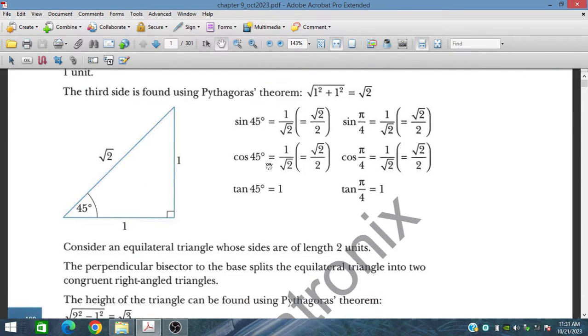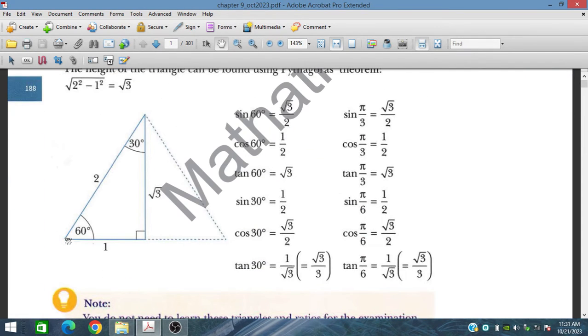Now let's go to the 60 degrees. We have this isosceles triangle, where each side length is 2. If we take half of the base, it becomes 2 over 2, which is 1.